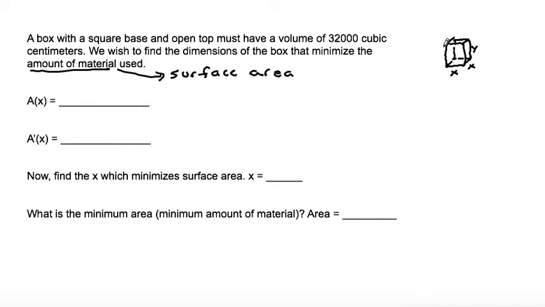And once we've labeled these, let's use our volume formula. We know that the volume of a box is length times width times height. And we're given that our volume is 32,000, so we can say 32,000 is equal to, our length is x, our width is also x, and our height is y.